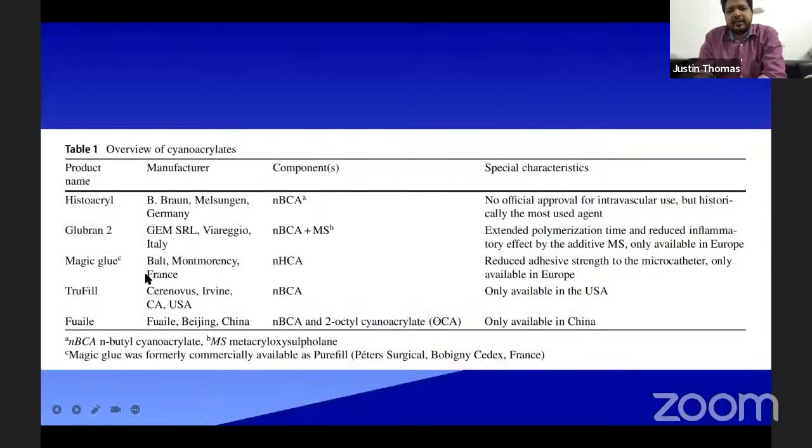So these are the various glues available in various places. The Histoacryl glue is the NBCA which was initially used. Glubran and Magic Glue are most used, and also Trufill is used, and this is available in China.